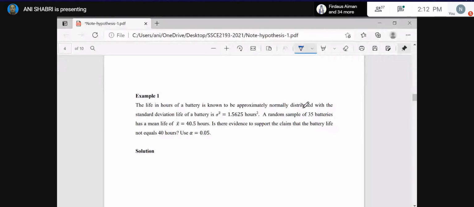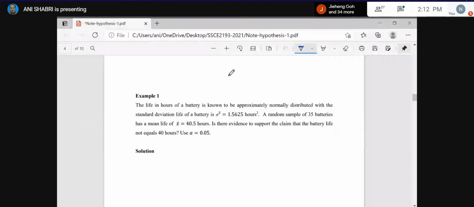A random sample of 35 batteries was taken and found a mean life of 40.4 hours. Is there evidence that the battery life is not equal to 40 hours?